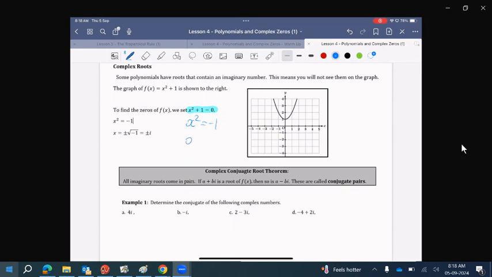We have to start by considering plus and minus square roots of the number, because it's quadratic, so we have to consider the positive and negative possibilities. And then we're left with having to square root -1. So what we do to solve this problem is we start by defining the letter i as being an imaginary number, such that i squared is equal to -1.